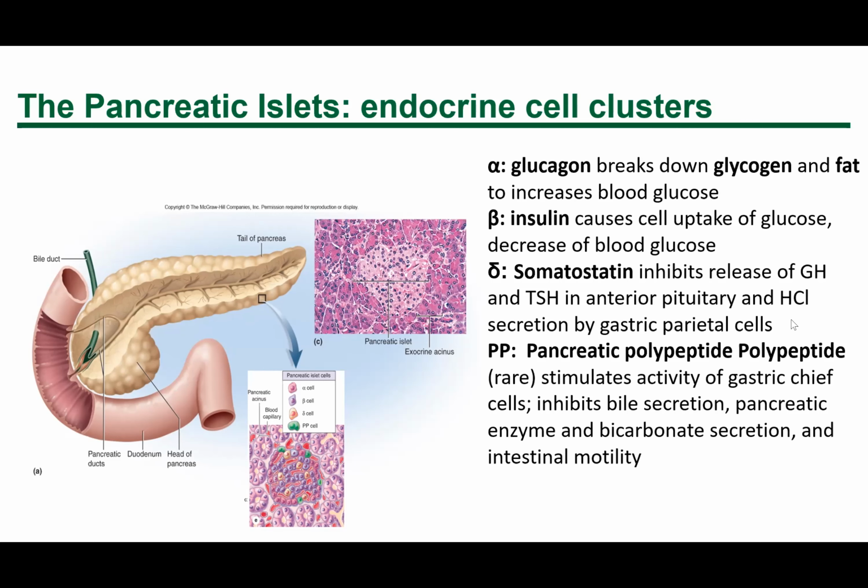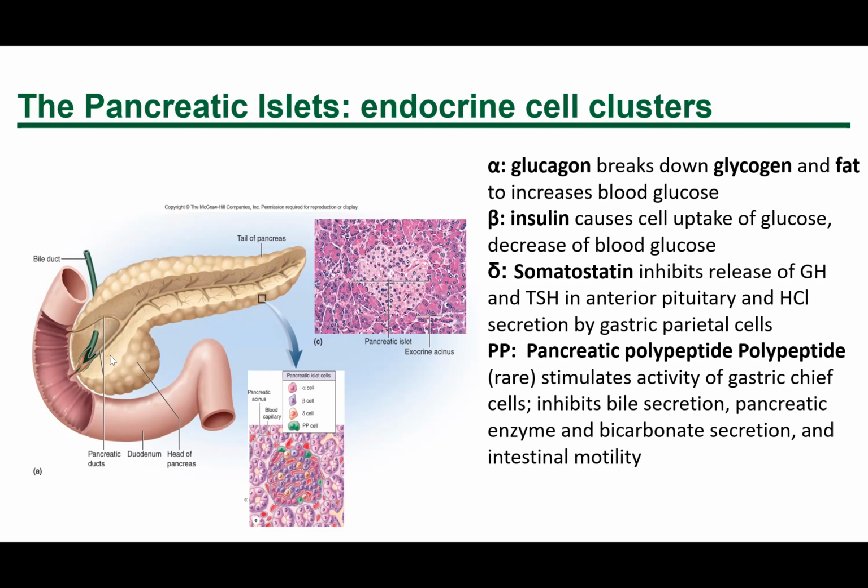So it also interestingly suppresses hydrochloric acid secretion by parietal cells, which, as you can imagine, probably downpowers digestion. So there's another thing. Pancreatic polypeptide cells, these also act on the stomach, but in chief cells, and they inhibit bile secretion, et cetera.